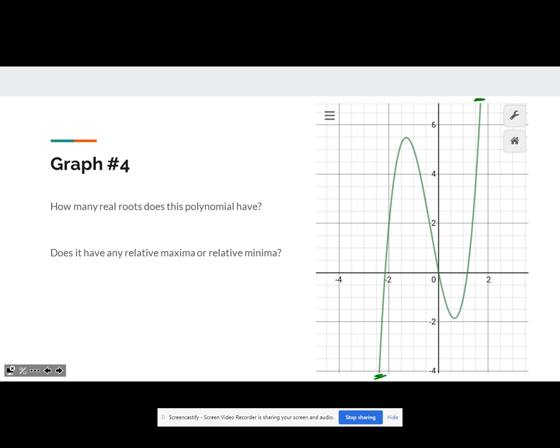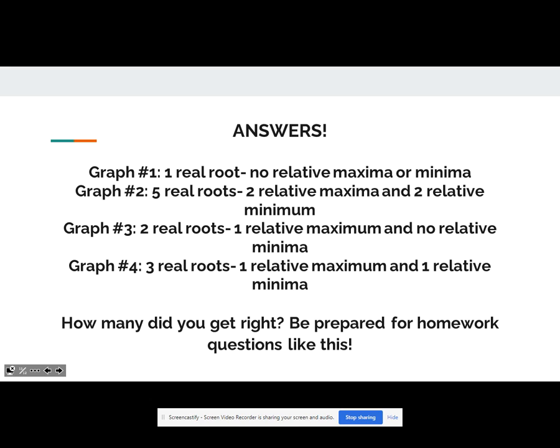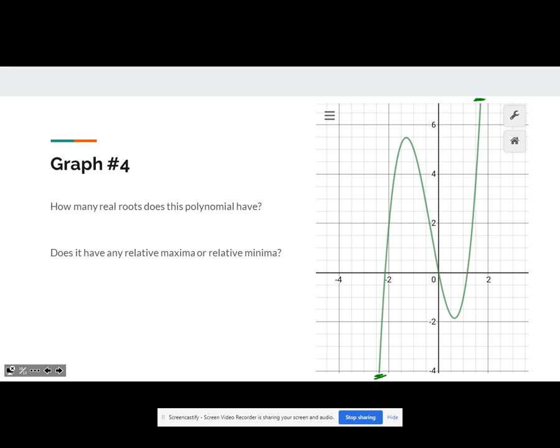And then lastly, graph number 4 has 3 real roots. And then it has 1 relative maximum and 1 relative minimum. So if we look at graph number 4 here, the roots are here, here, and here. And then we can see our maximum up here and our relative minimum down here.